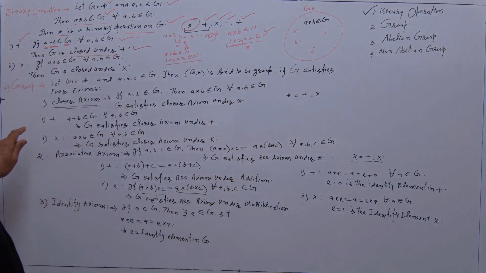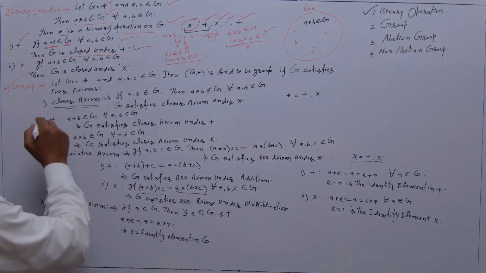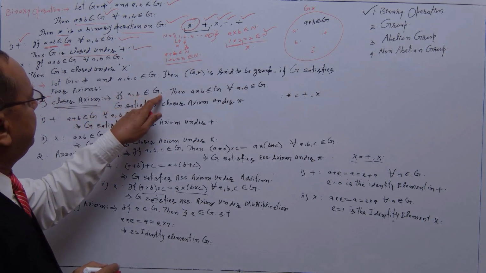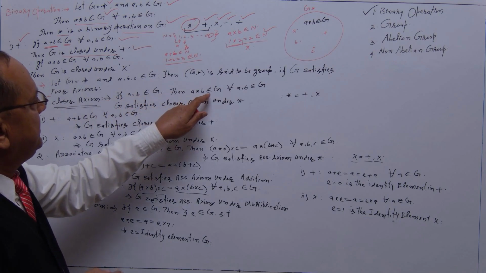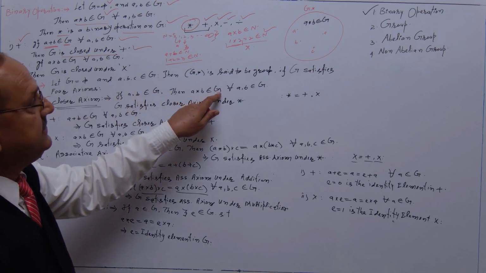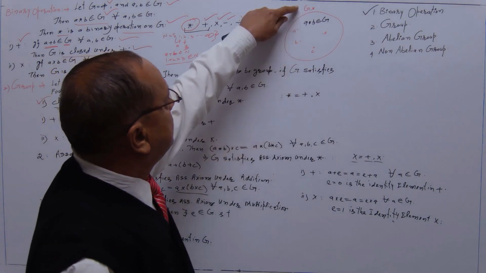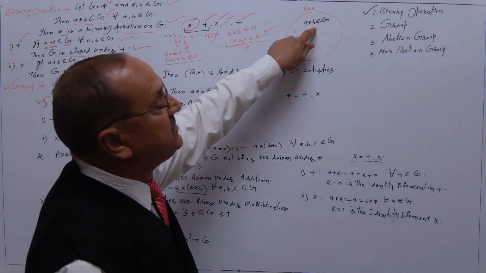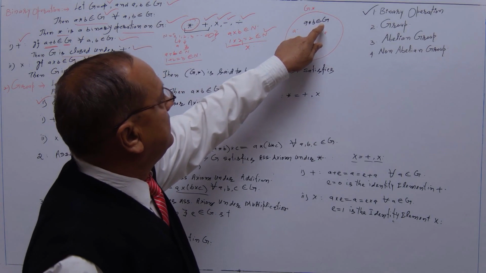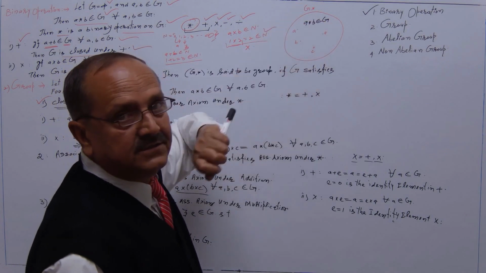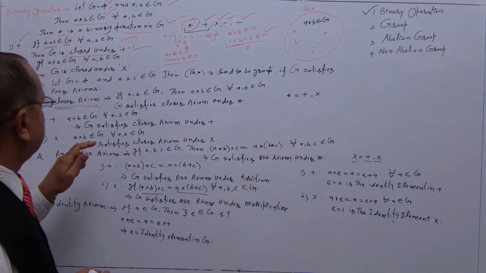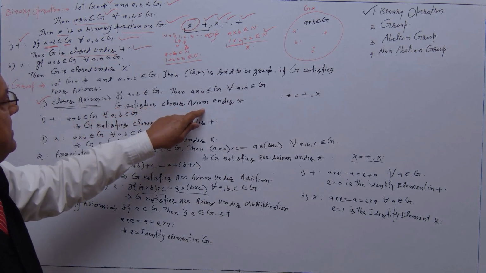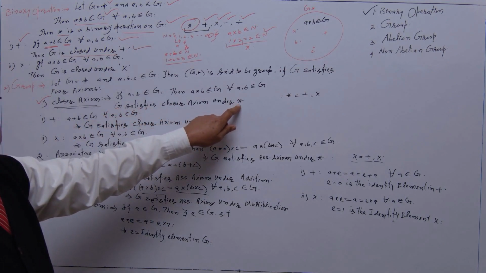Number one is closure axiom. If A B belong to G, then A star B must belong to G. अगर A B G के दो एलिमेंट हैं तब A star B जो इसका रिजल्ट आएगा that also belongs to set G. Then we can say G satisfies the closure axiom under star.